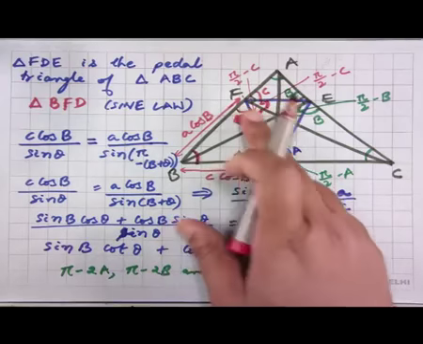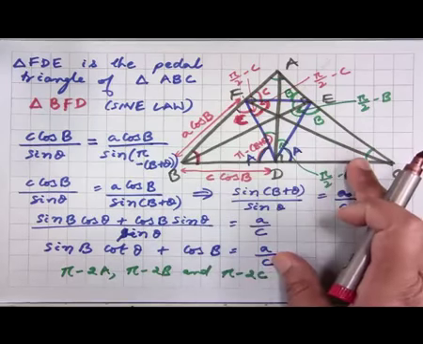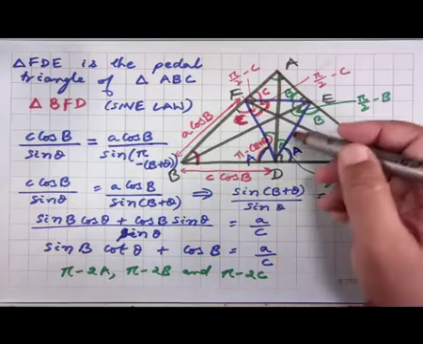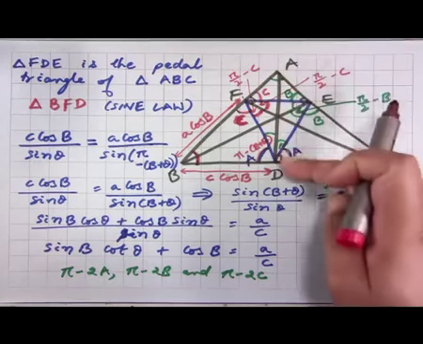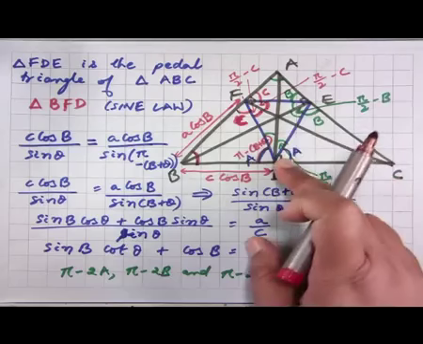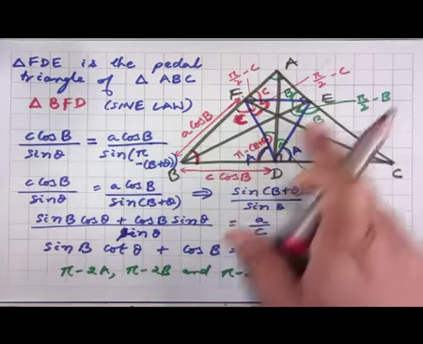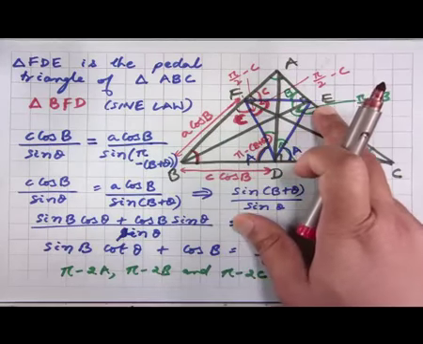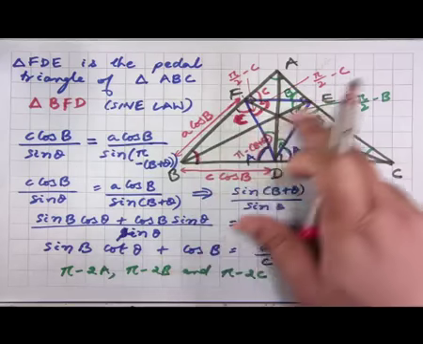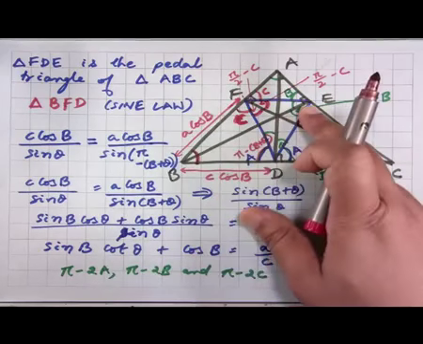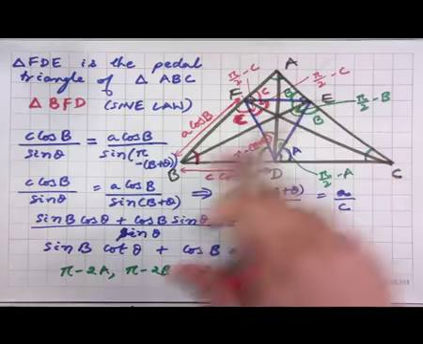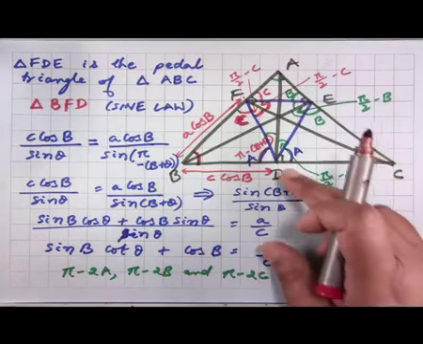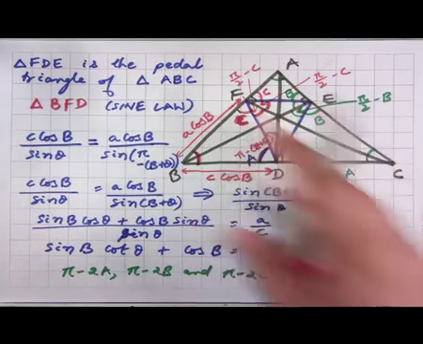So, this is an angular bisector for the angle EFD. Similarly, AD happens to be the angular bisector of the angle FDE, and also this straight line EB is the angular bisector of the angle DEF of the pedal triangle.